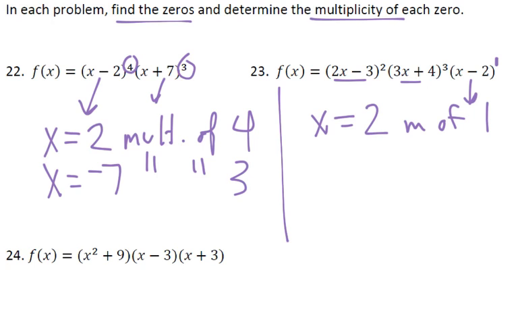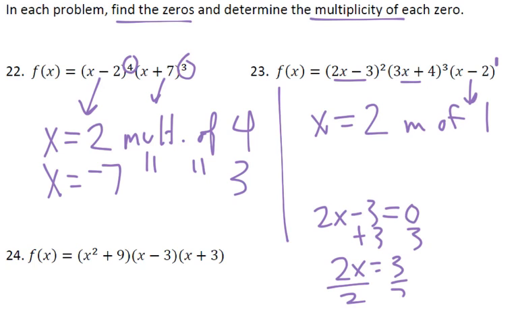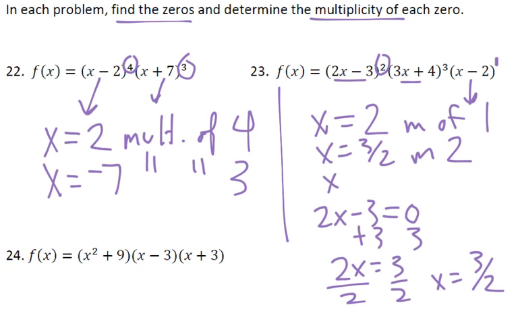Okay, now these other two. If we set them equal to 0, and we solve for x, we end up with a fraction. So I end up with x equals 3/2 or 1.5. So 3/2 with a multiplicity of 2. And the last one, okay, if I set that one equal to 0, we subtract by 4, so you'd end up with 3x equals negative 4, divided by 3.